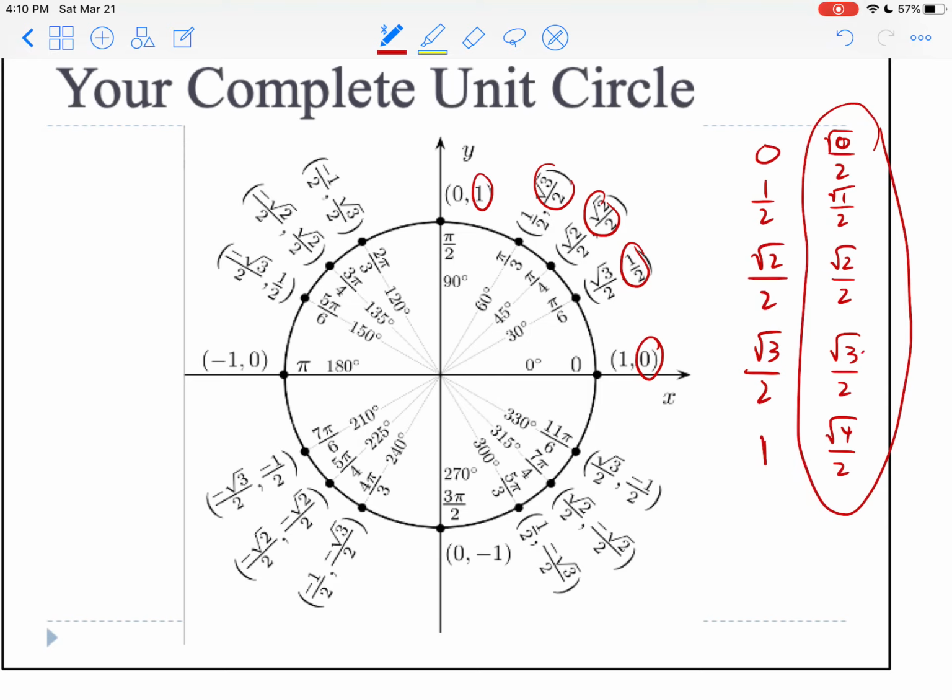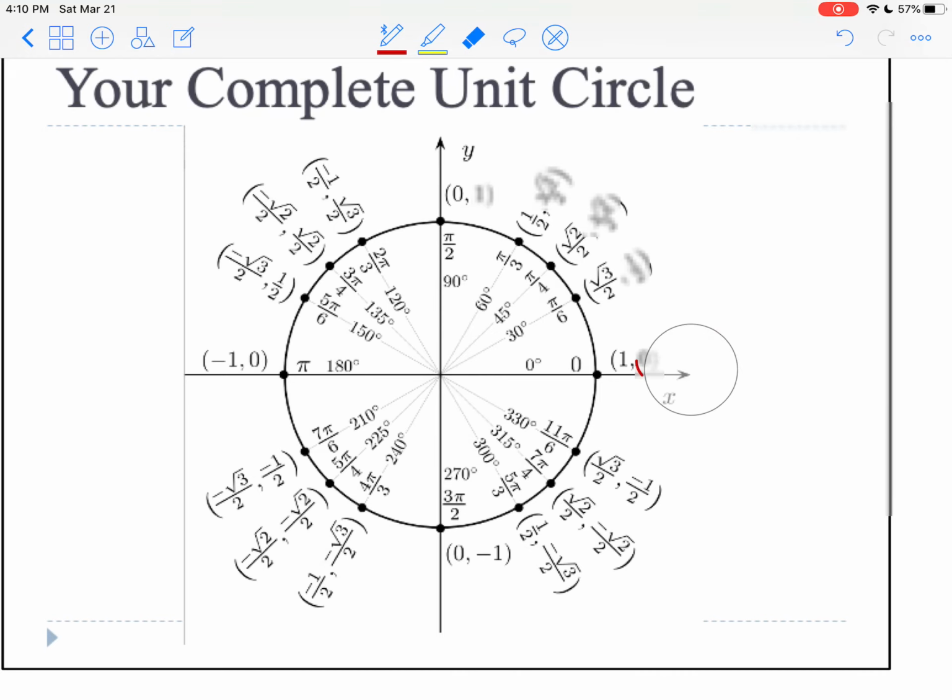We're starting with the square root of 0, square root of 1, square root of 2, square root of 3, square root of 4, all over 2. Hopefully that little trick will help you in memorizing this unit circle. But yes, you do have to memorize this unit circle.